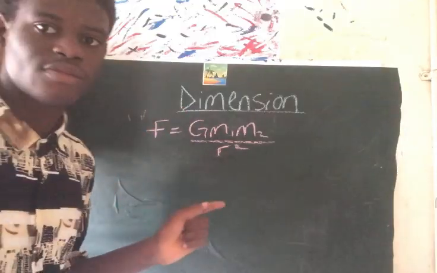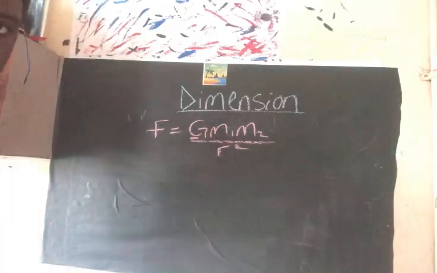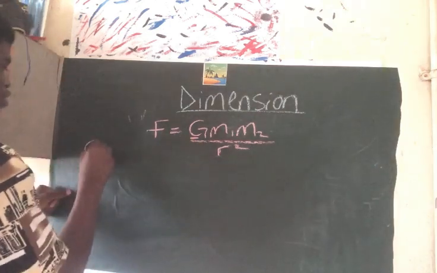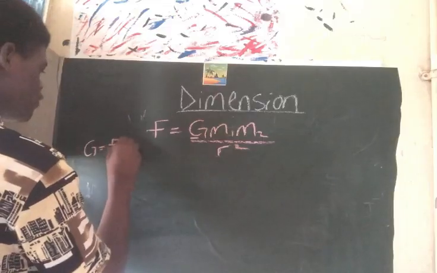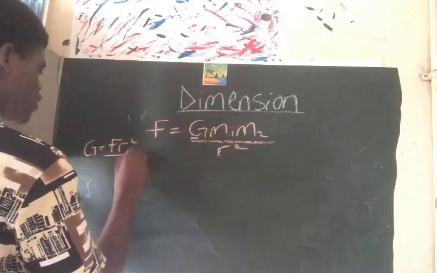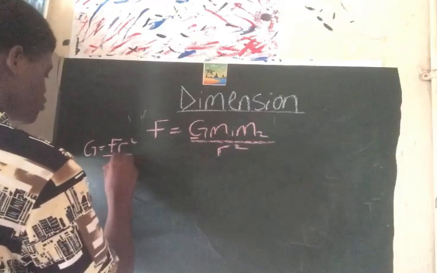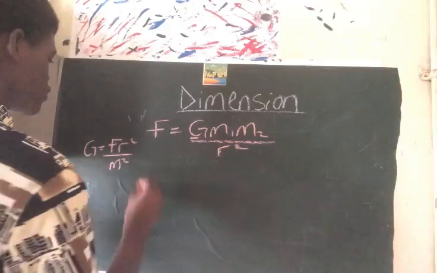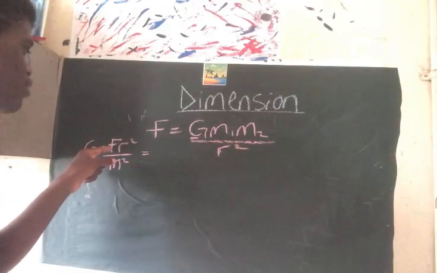So let's derive it. If they ask you what is the dimension for this G, it's easy. Let's just make G the subject of the formula. That will be G equals F r squared over m1 m2, and mass times mass is mass squared. So this will be force.